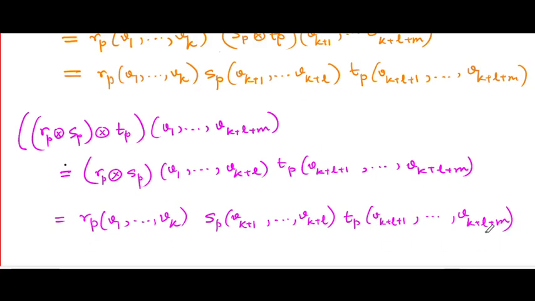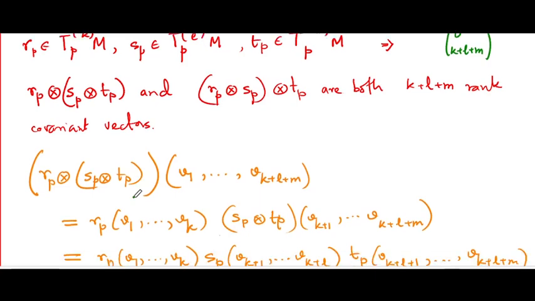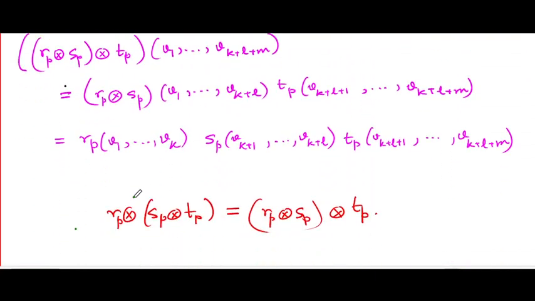In other words, these two possibly different tensor products, they could have been different for all you know, turn out to produce the same result when given the same input vectors, no matter what input vectors you give them. Therefore, they must be the same tensor, and therefore you must have this result: that the tensor product is associative, which is just another way of saying that you can write the tensor product without actually putting in a bracket.